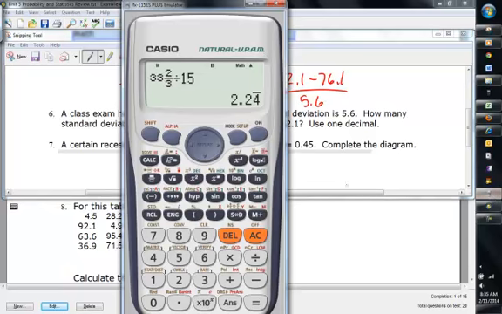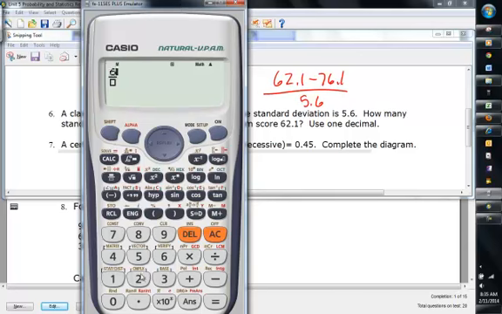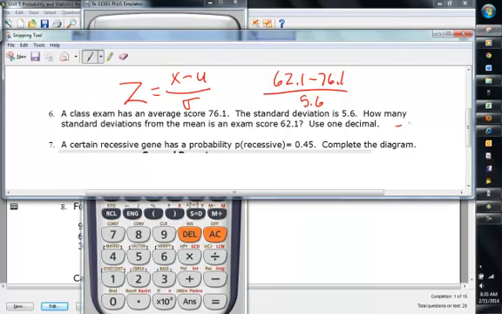So on our calculator, fraction 62.1 minus 76.1 over 5.6 gives us negative 2.5. Now, we know it's negative because our score is less than average.